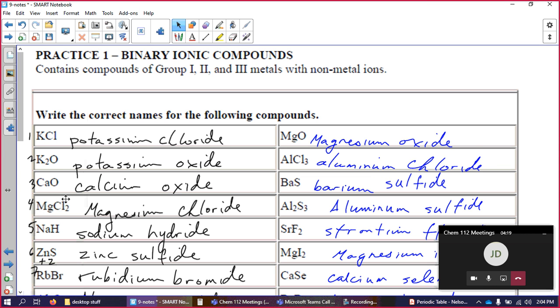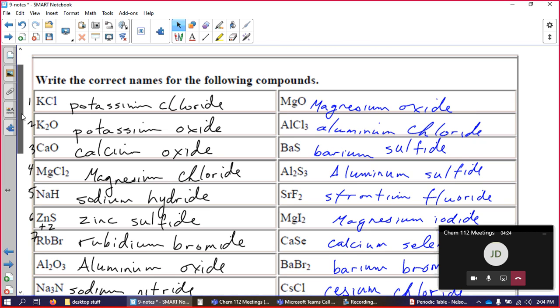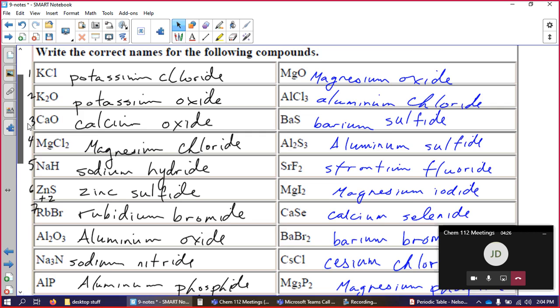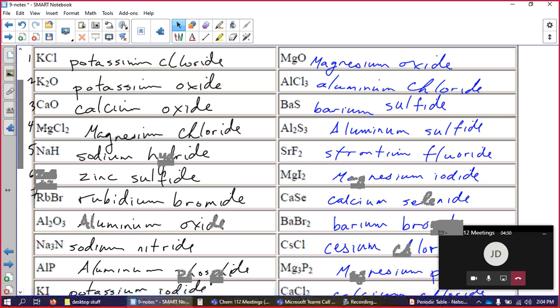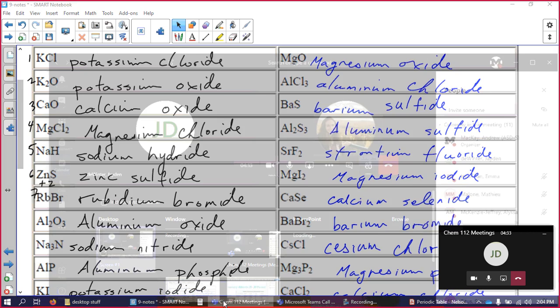So on Tuesday, yeah, today's Thursday, we went over the left-hand side of all of these.